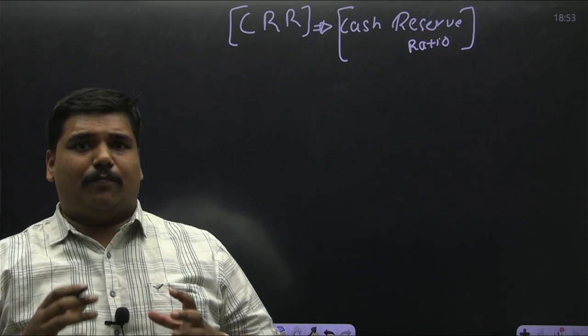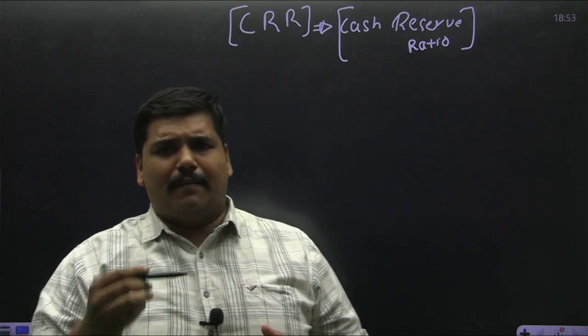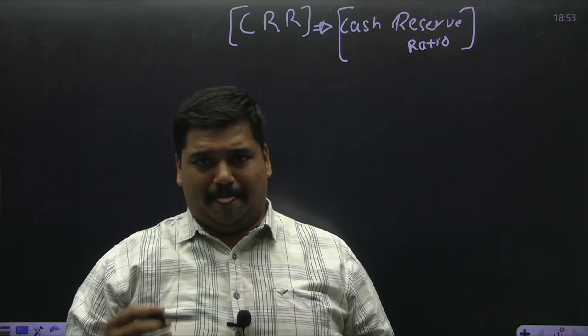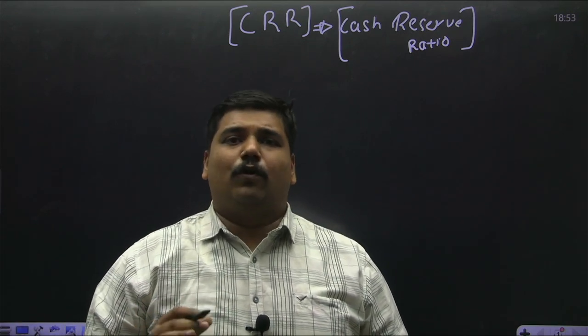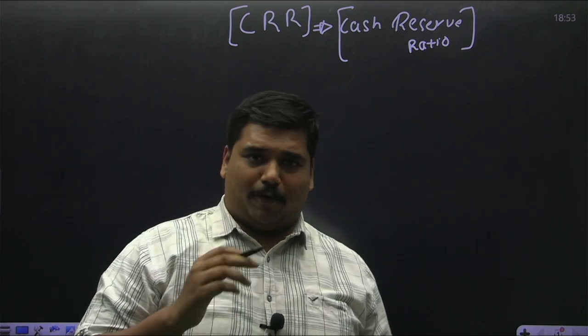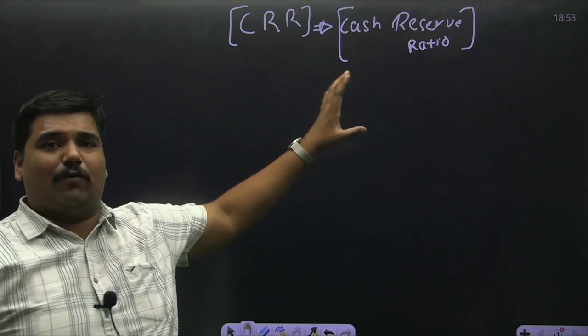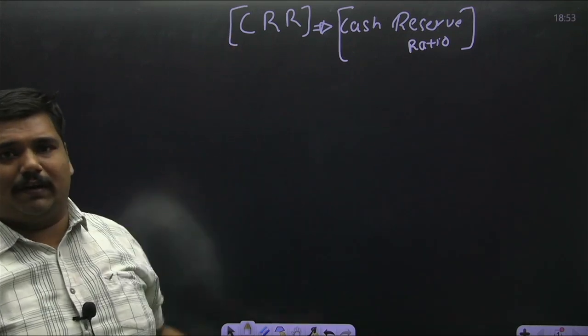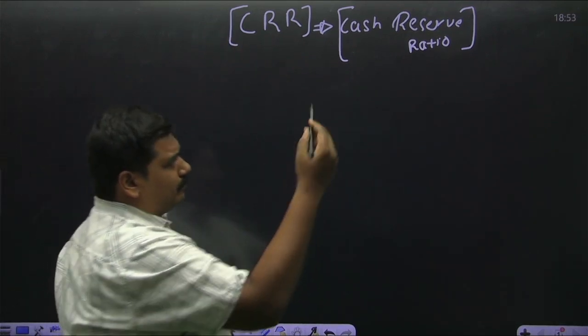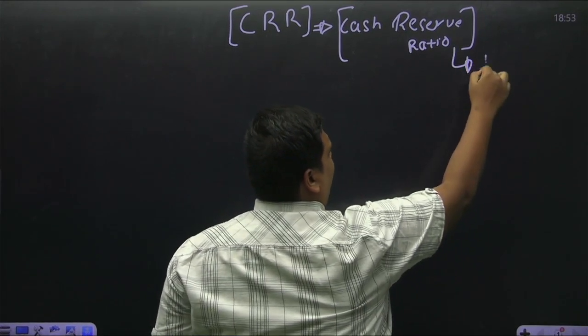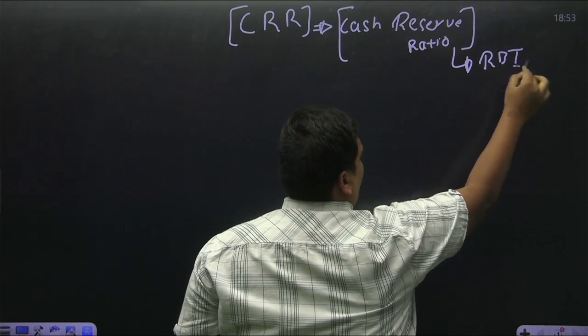In search of profits, banks make this mistake a lot of times by giving away excessive loans to garner more profit. So, to control that aspect of banks, we have the cash reserve ratio. That is the ratio mentioned by the RBI.